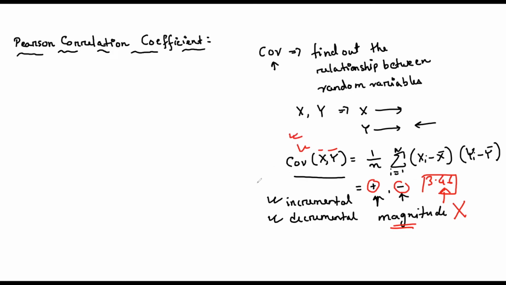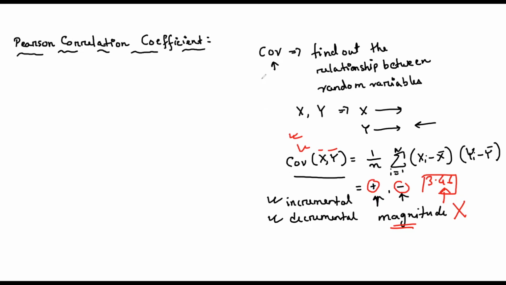So to know the magnitude of the relationship, statisticians have two methods, or you can say two statistical tests. One is Pearson's correlation coefficient, and another one is Spearman rank correlation coefficient. So now you know why we require these two statistics, Pearson and Spearman, right?